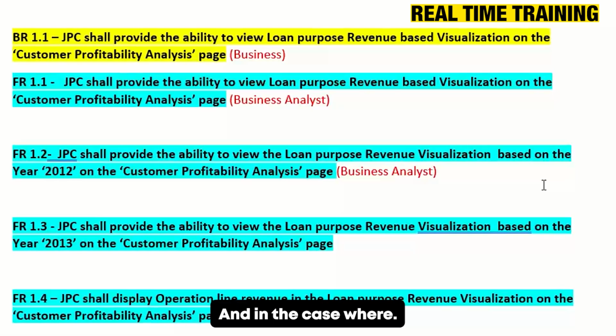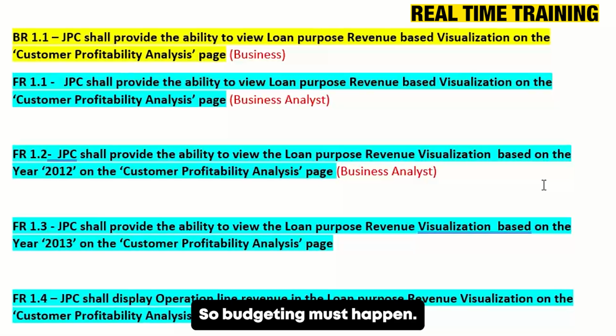And in the case where, so we are all contractors, right? Sometimes contractors cannot work after a certain time. My contract is ending on the 31st of August. I should not be working the very next week, right? Because my contract is ending. So they have to take care of all those things too if it's a major change request. So budgeting must happen.